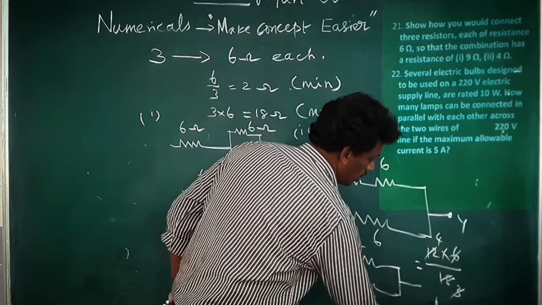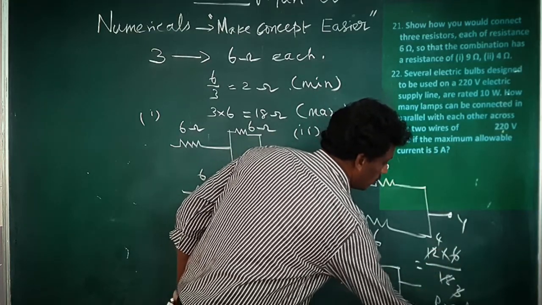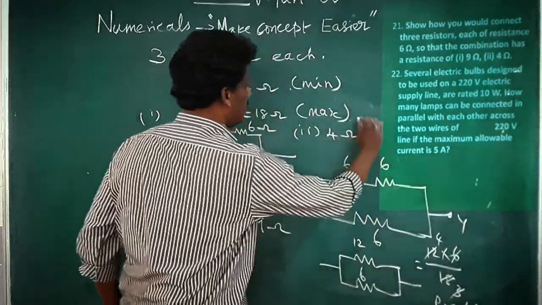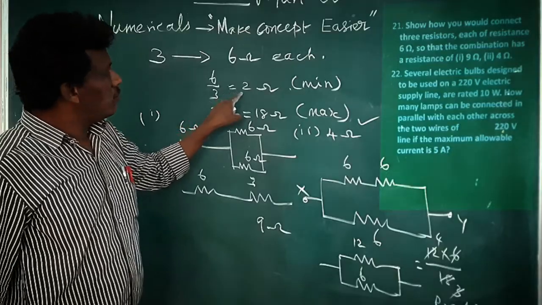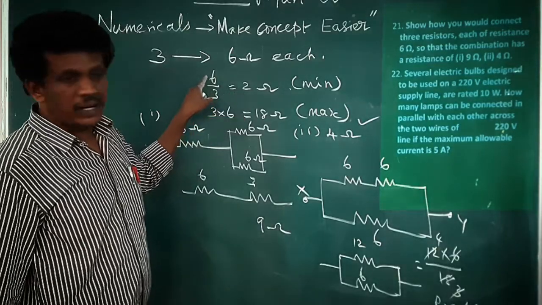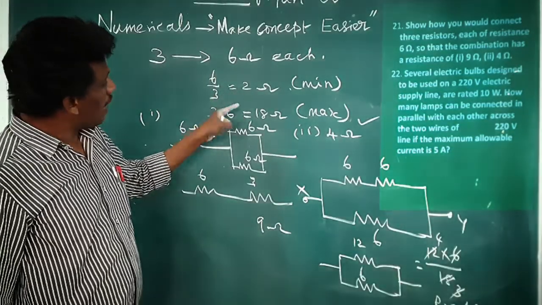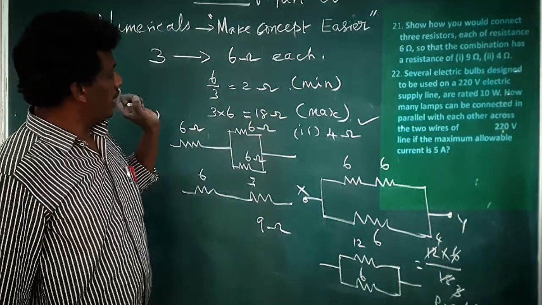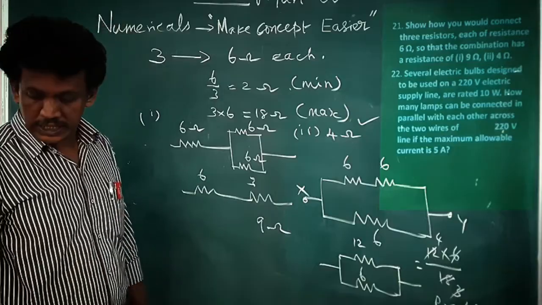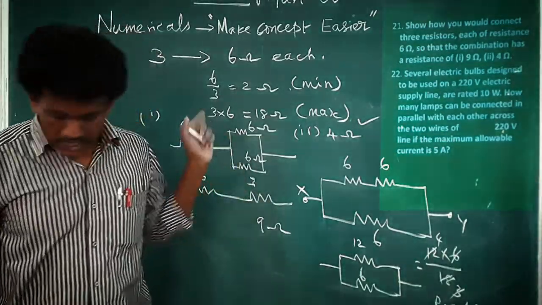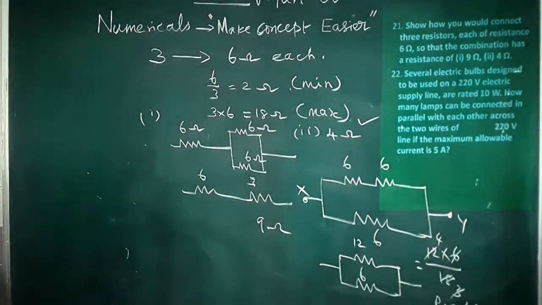What are you getting? So parallel, which is equal to 4 ohm. Yes, we got it. So always remember, what is the minimum value? Parallel combination. What is the maximum value? Series combination. Now look at the range value given, accordingly you have to adjust it. I think the concept is very clear.